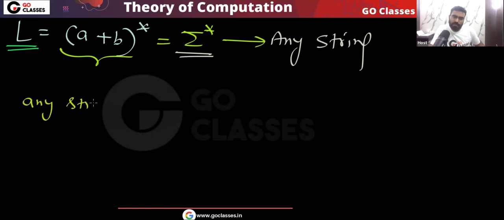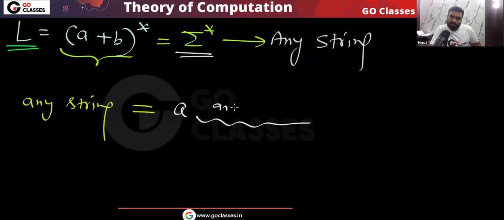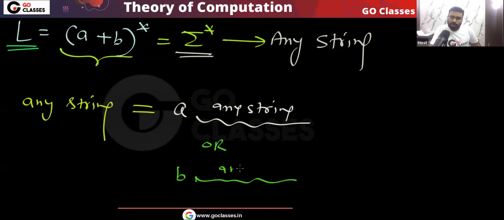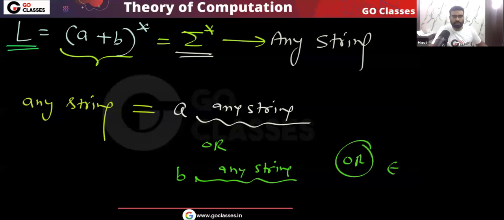The idea is very simple. If you want to generate any string, then can I say that you start with A, then you generate any string, or you start with B, then you generate any string. Do you agree with me? Or empty string. Okay, so this is the idea. I hope you understood. See, this is the language sigma star, (A or B) whole star. And for this language I want a grammar.